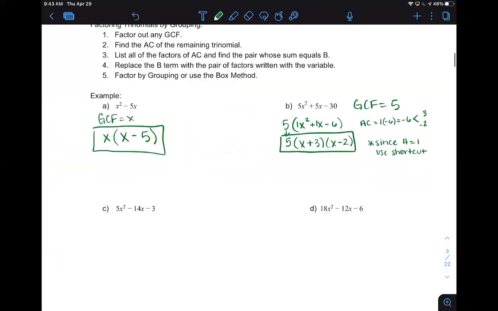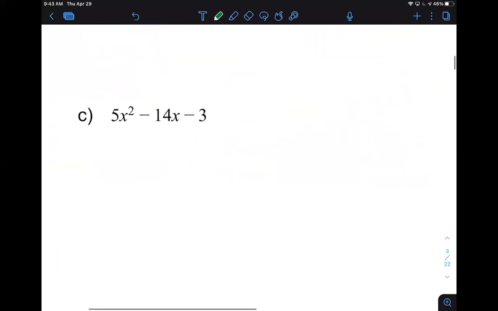All right, let's look at C. 5x squared minus 14x minus 3. Is there a GCF? 1. Do we need to write that down? No. So we're going to do A times C. What is our value for A? 5. What's our value for C? Negative 3. And 5 times negative 3?